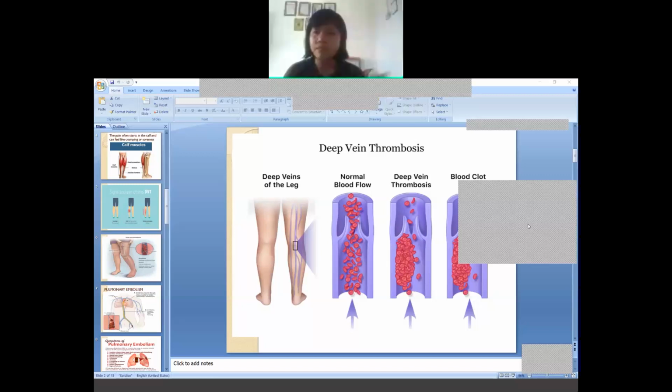Older than 60. Okay. Anything else? Injury or surgery. Okay. Anything else? And pregnancy. Okay, pregnancy.